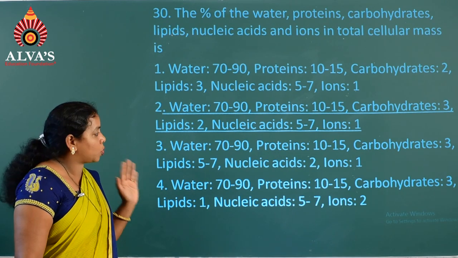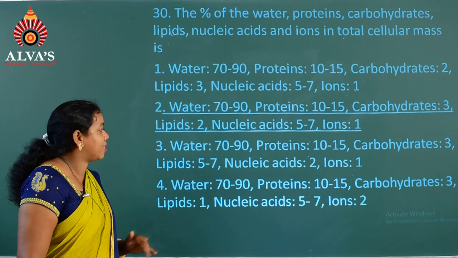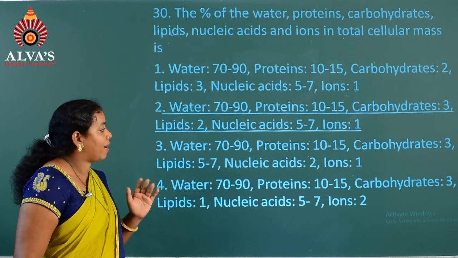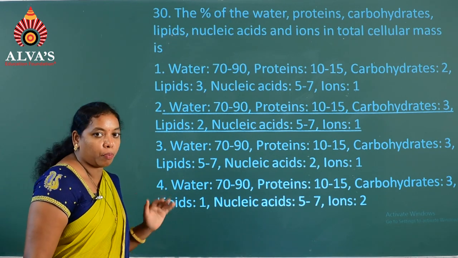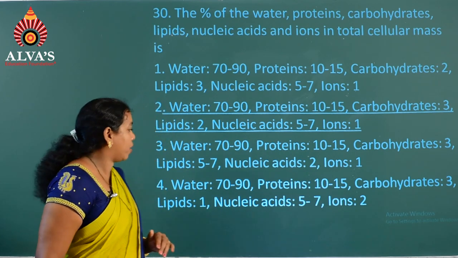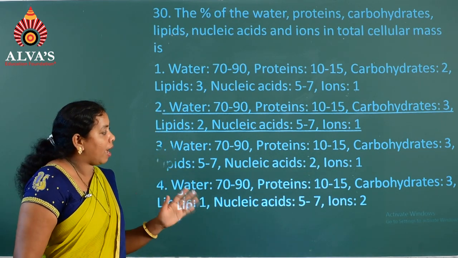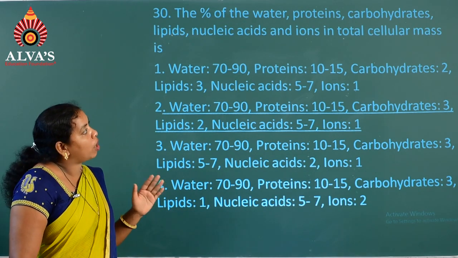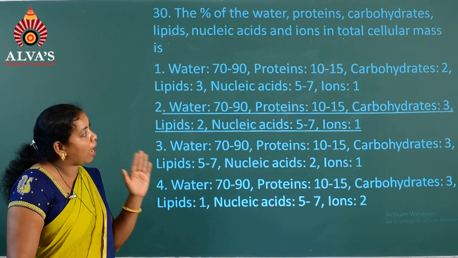Third option, water 70 to 90, proteins 10 to 15, carbohydrates 3, lipids 5 to 7, nucleic acids 2 and ions 1. Fourth option, water 70 to 90, proteins 10 to 15, carbohydrates 3, lipids 1, nucleic acids 5 to 7 and ions 2.